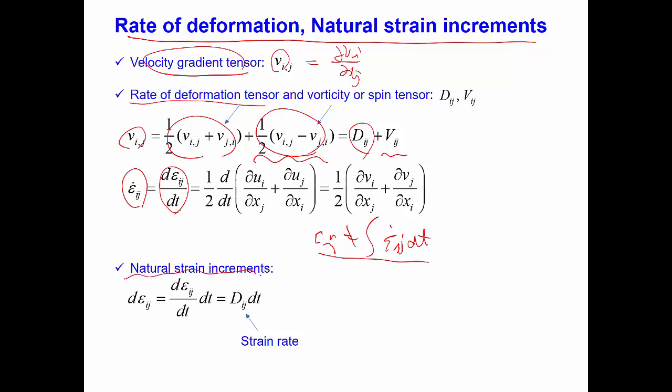So natural strain increments, which are formulated as the total differential of strain, are very useful, especially for plasticity, to calculate a small strain increment at a time instant.